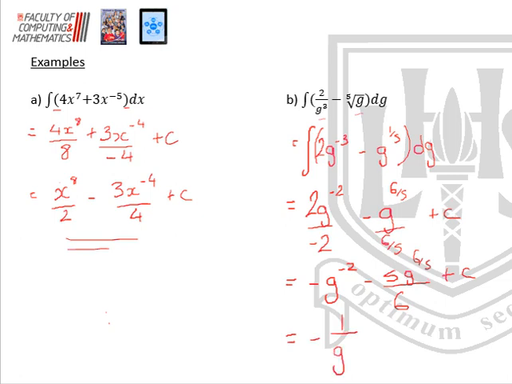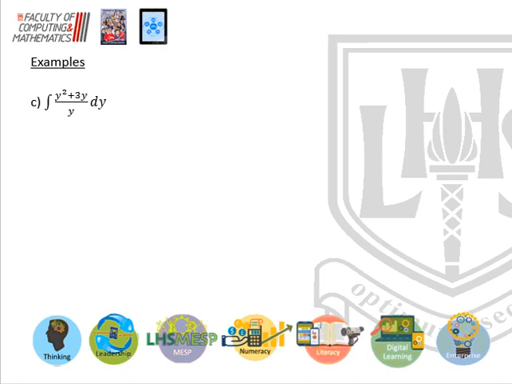So it's minus 1 over g squared minus 5, the fifth root of g to the power 6 over 6 plus c. Okay, so you can see that it can look quite complicated, but again, it's just the same processes. Making sure your variables are on the top, so that g cubed there goes to the top, making sure there's no roots of any kind, and then you can rearrange it back just the same way.